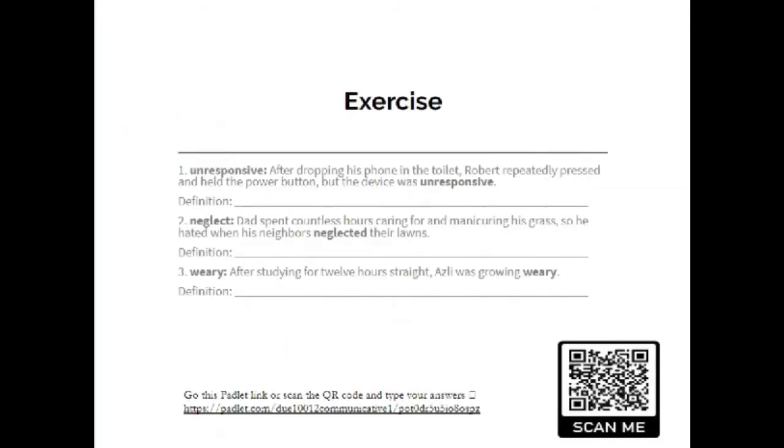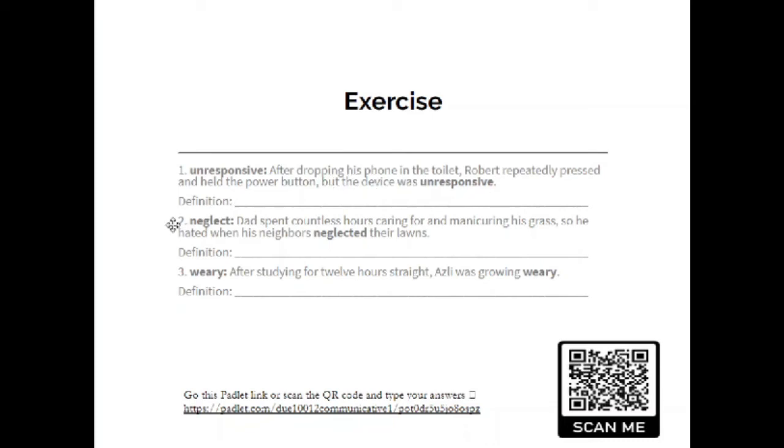Right? Okay, so we have a few exercises here. The first one, look at the word unresponsive. This is the sentence. After dropping his phone in the toilet, Robert repeatedly pressed and held the power button, but the device was unresponsive.